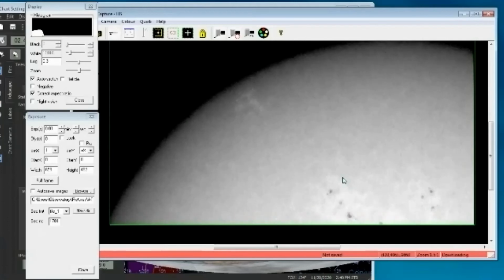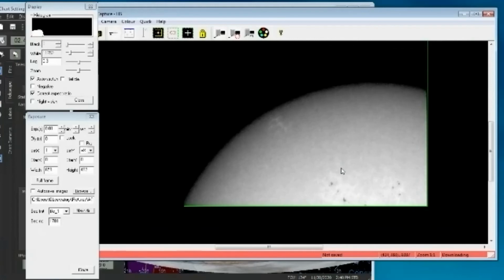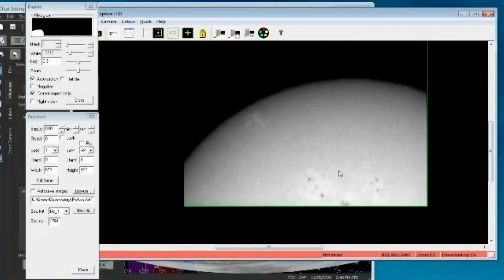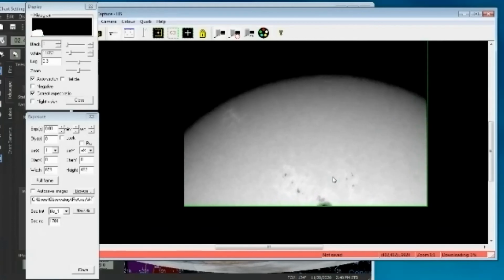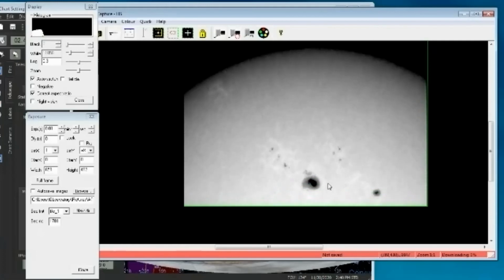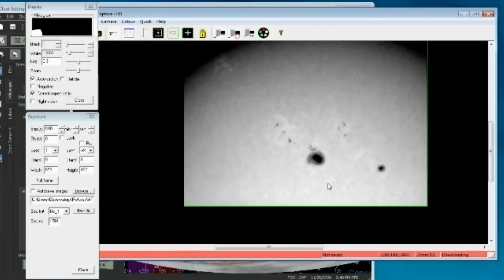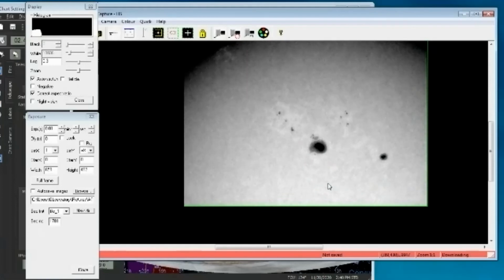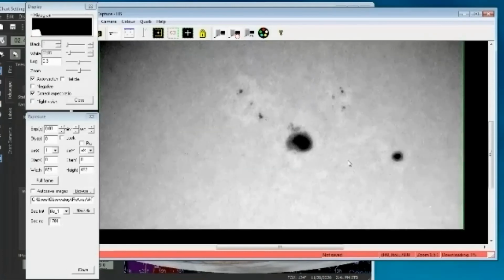So, folks out there watching, again, solar observing can be a very interesting part of amateur astronomy. You think of astronomy being nighttime, but this is daytime astronomy, and you can start out with it. The most basic way is what's called solar projection. You can do it with a regular telescope.